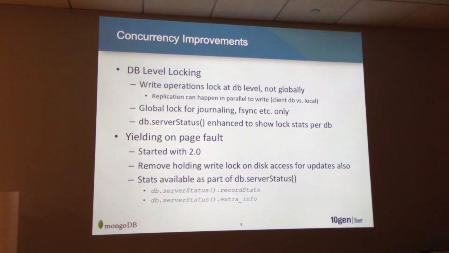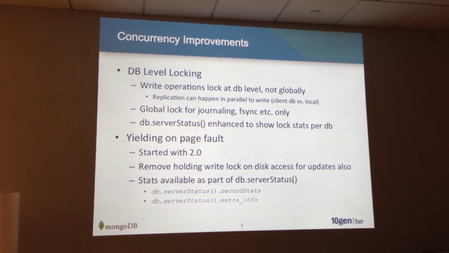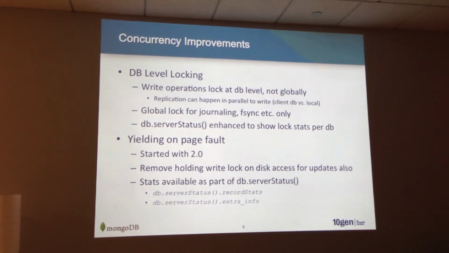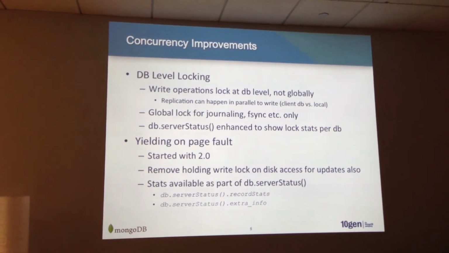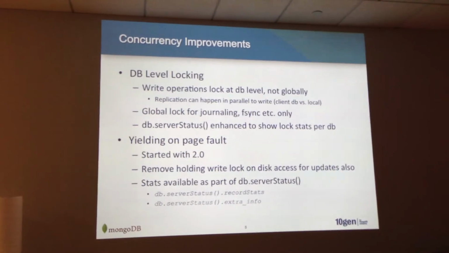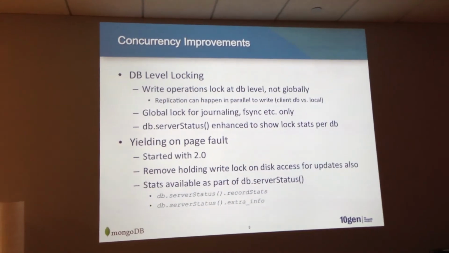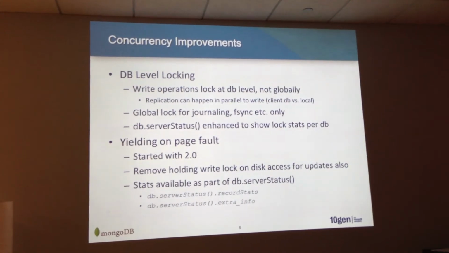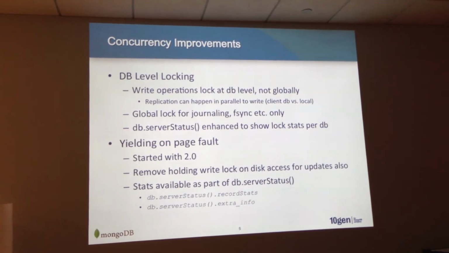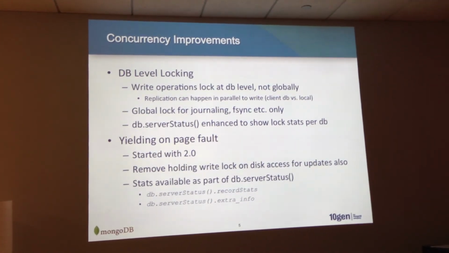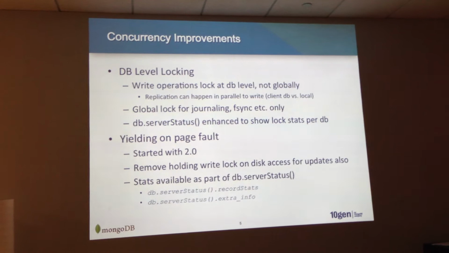Now, there were limitations. First off, the yielding was not perfect. It was really simple. It was only on the primary key and not on every index. And if you were going to do a fairly complex write that would update many different indices, that would not yield properly. So that was one limitation.